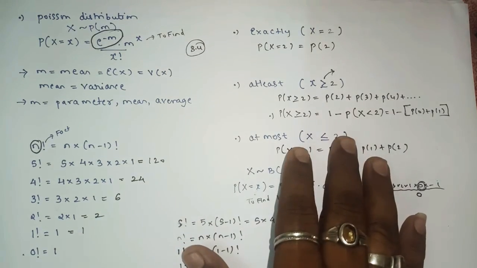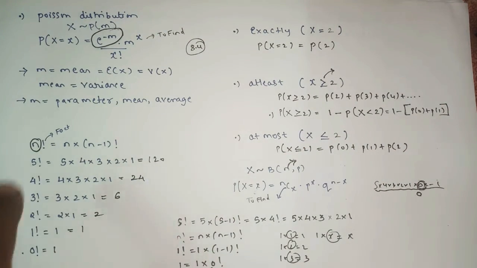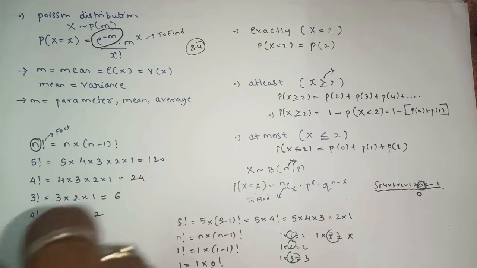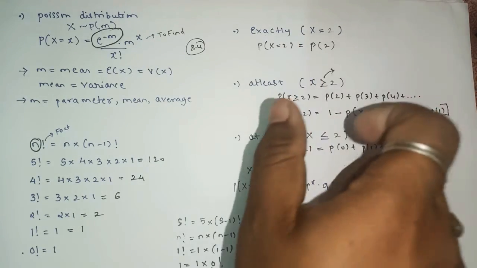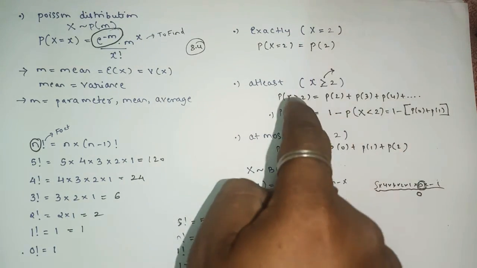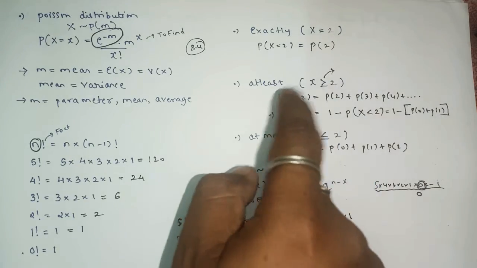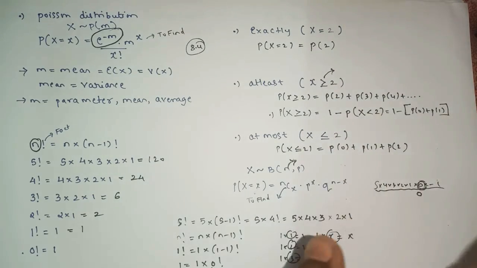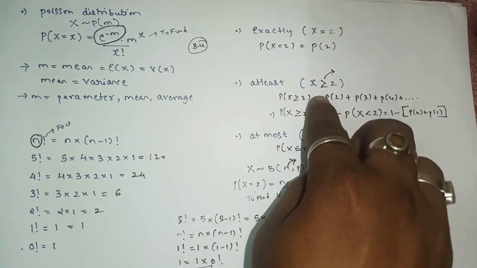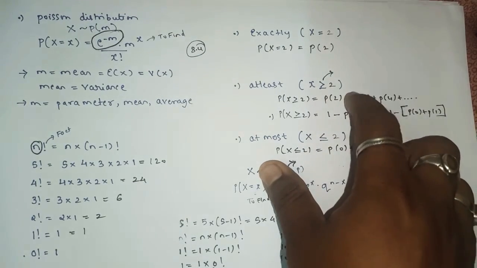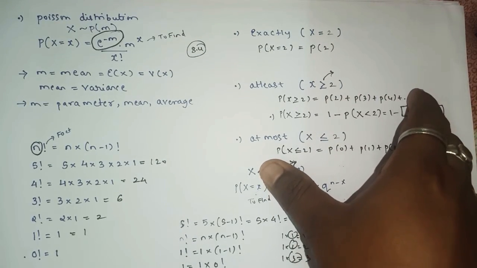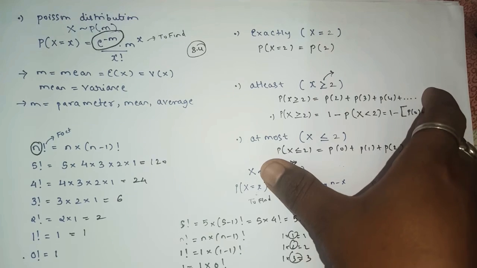So I hope you all understood what exact concept we have to use in this exercise, and how to apply exactly, at least and at most. See to it that whenever you come across the word at least, you have to use the shortcut formula, because we cannot apply the straight format, as we don't know till where we have to take the value.